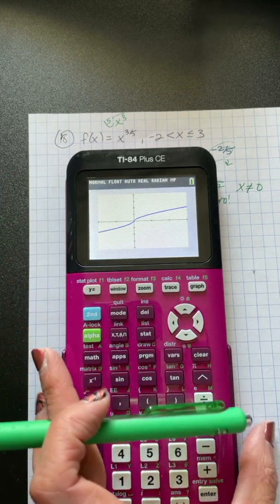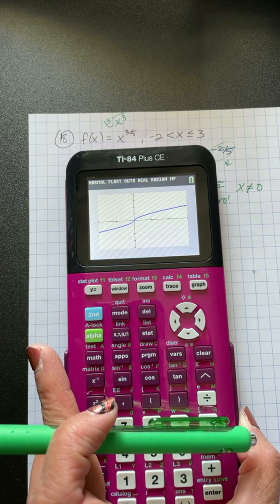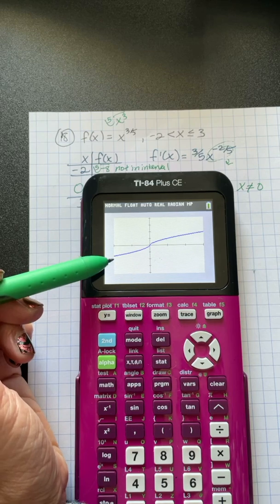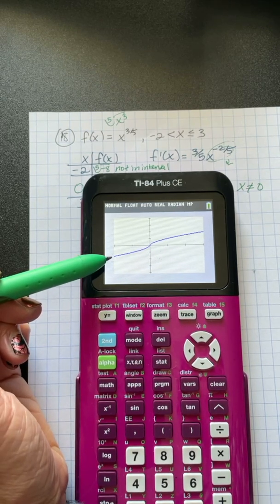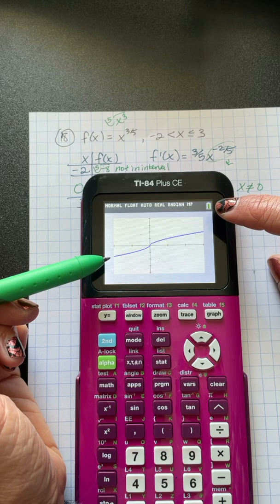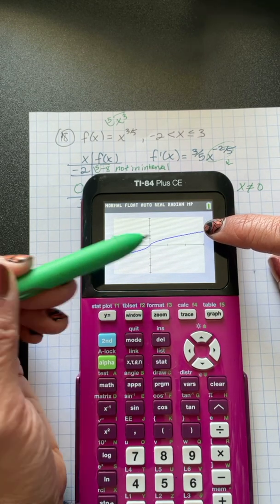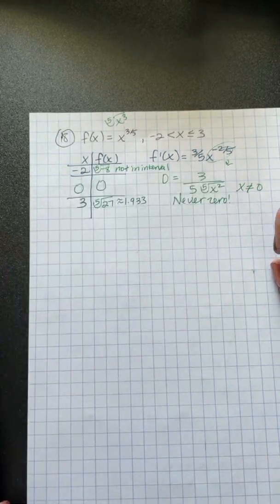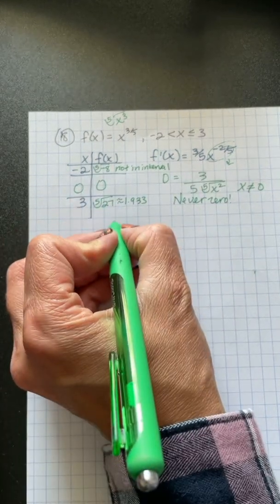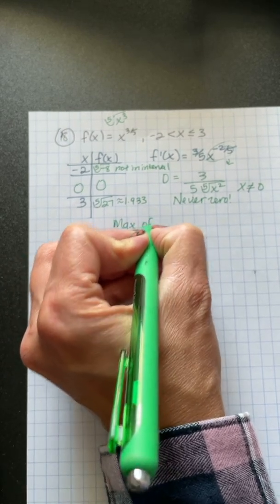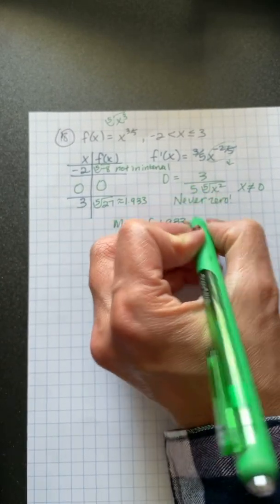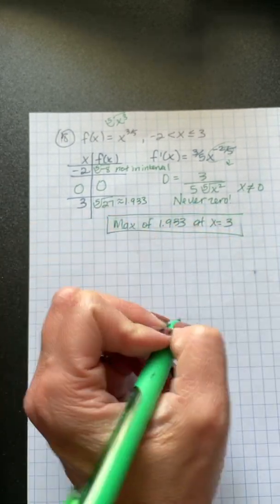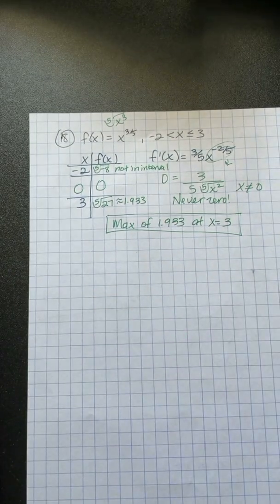So actually we don't have a minimum, because it would be on this side, but because we don't include that, we can't count it as a minimum. So our maximum is only on this side, and x can't equal 0. So we only have a maximum. So we have a max of 1.933 at x equals 3. That was easy enough. All right, on to the next two.